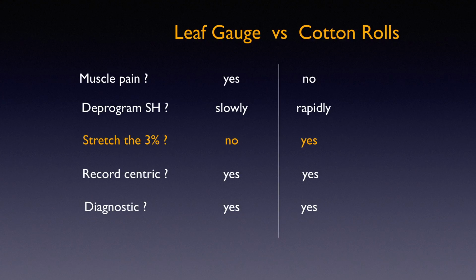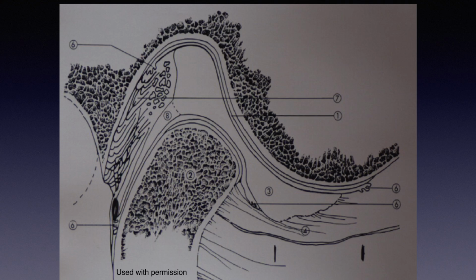There is another aspect of this to consider. Standard physical therapy technique for reestablishing homeostasis of a muscle which is in a contracted or foreshortened state is to stretch the muscle. This drawing is taken with permission from Dr. Pete Dawson's book on functional occlusion.